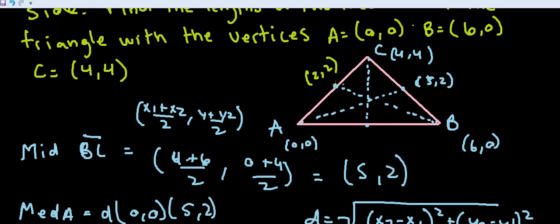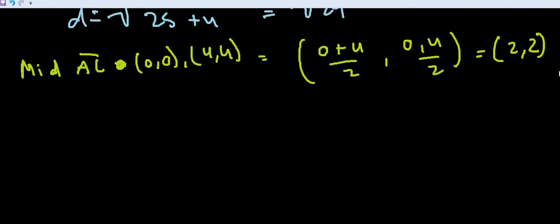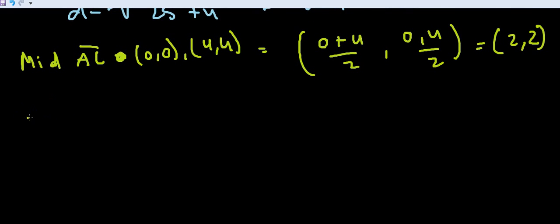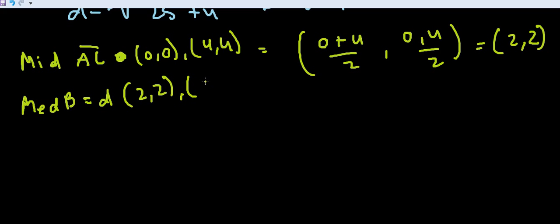Now that we have this midpoint, we need to find the distance from the midpoint to B, which is 6, 0. So the distance from 2, 2 to 6, 0 will be the length of the median. So the median of B is equal to the distance from 2, 2 to 6, 0.